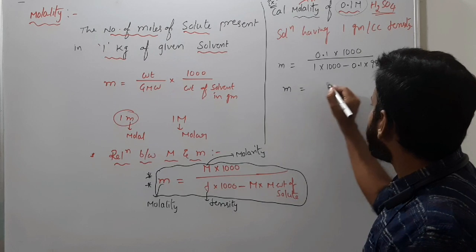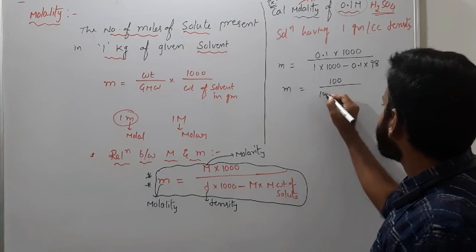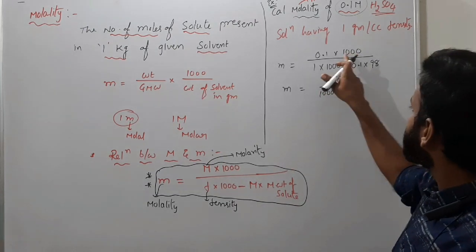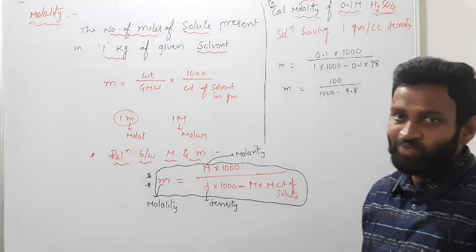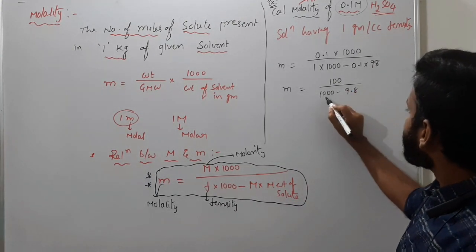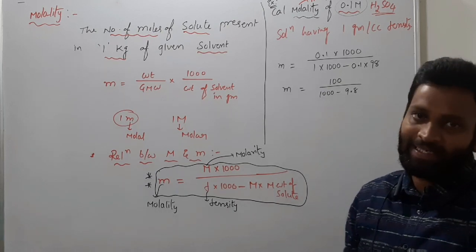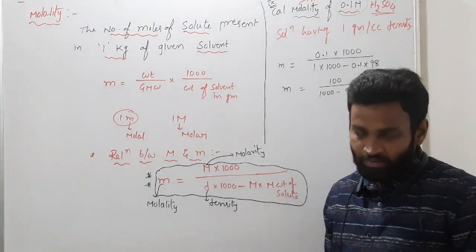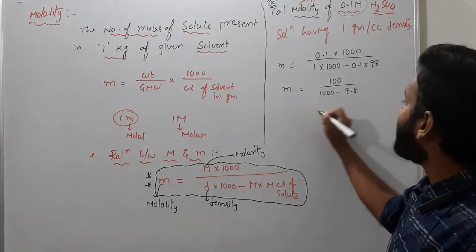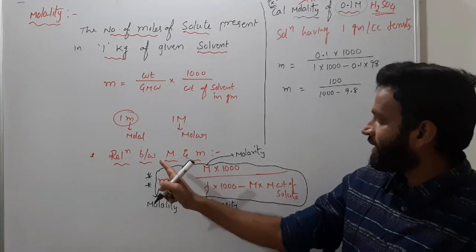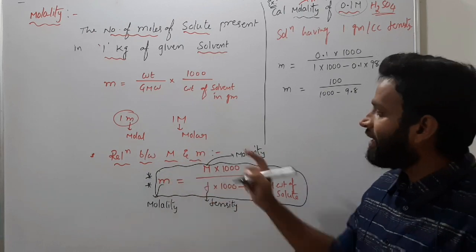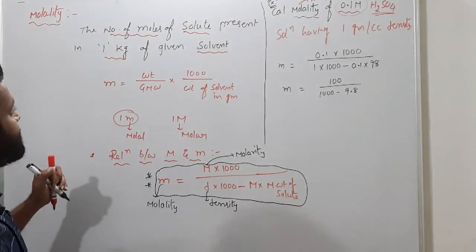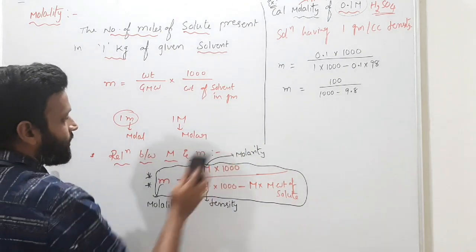So molality is equal to 100 by 1000 minus 9.8, because 1000 into 0.1, that is 1000 by 10, is 100. Got it? If you simplify, you will get the molality value. This is the relation between molarity and molality. Have a look and write down all these things, the formula and the numerical.